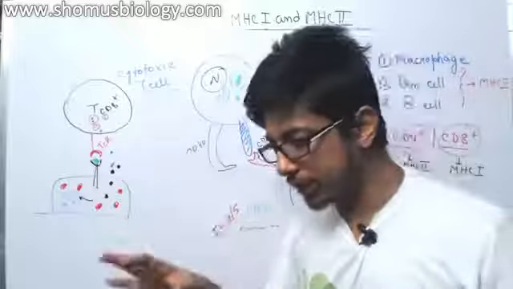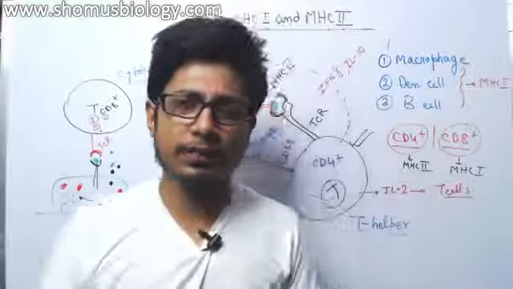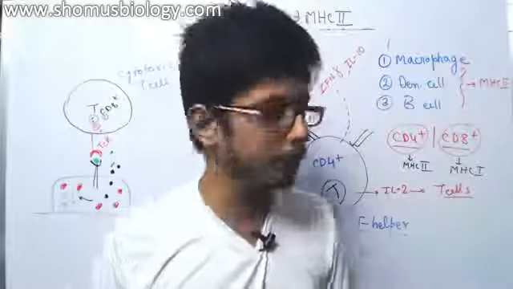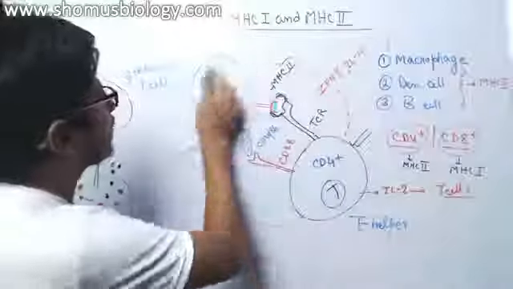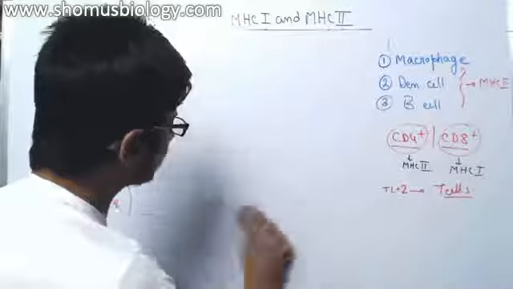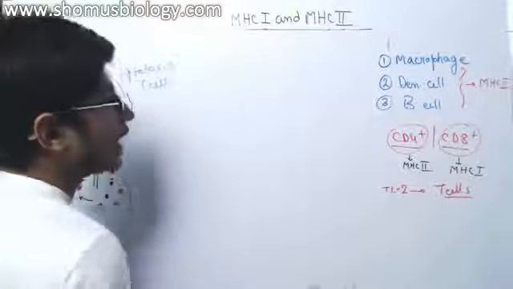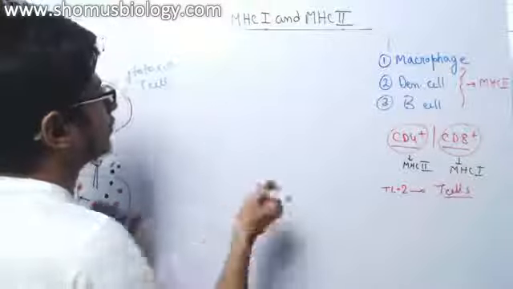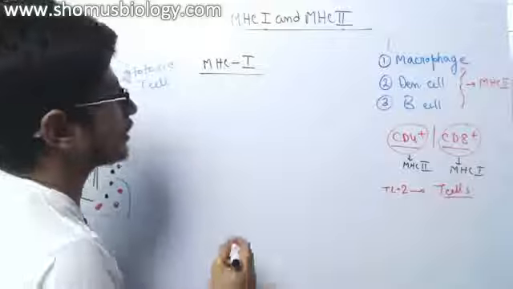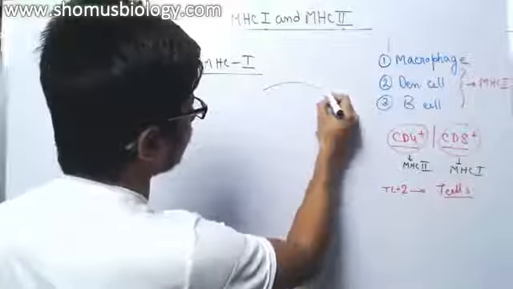Now if we go into more detail about the structural and functional processing of MHCs, there are some differences between them. For understanding, I must erase this portion, and one thing I can tell you is that MHC1 has a structure, let me draw it in a very basic drawing.